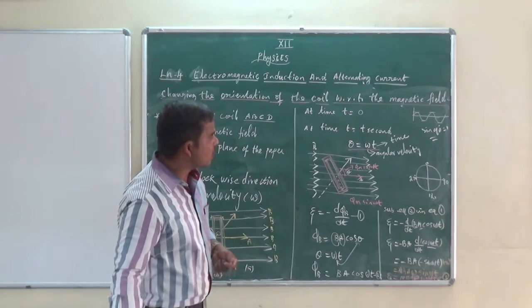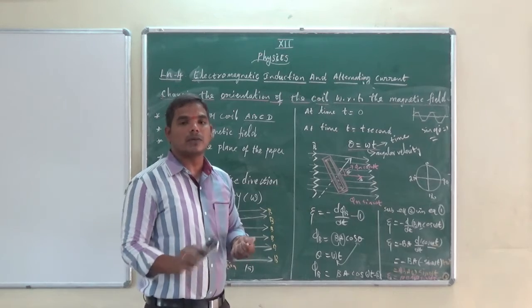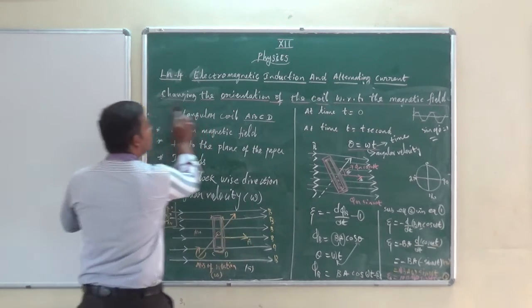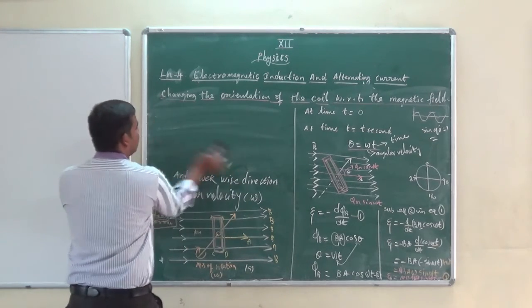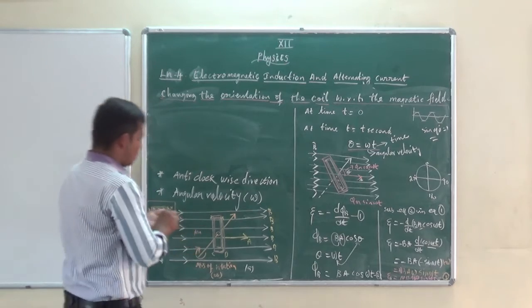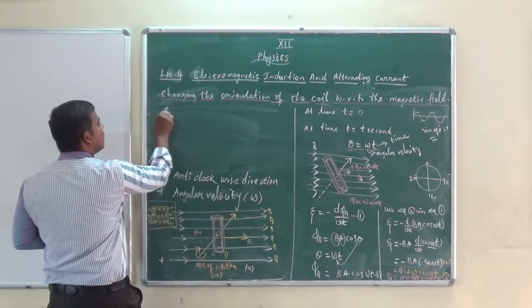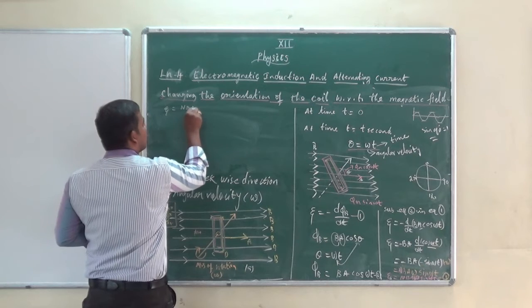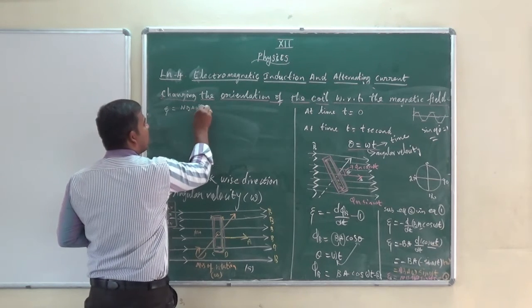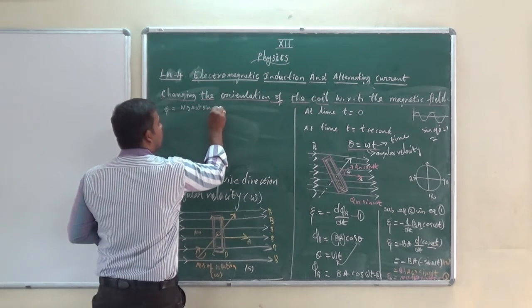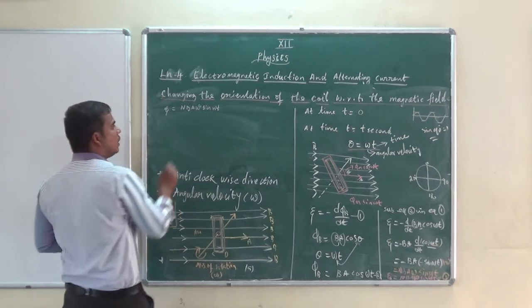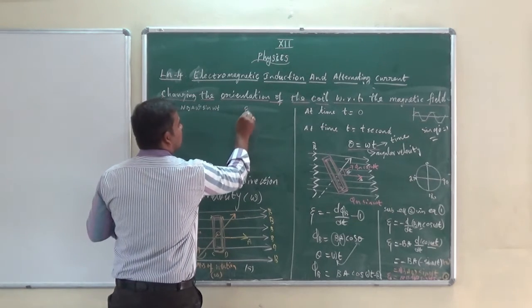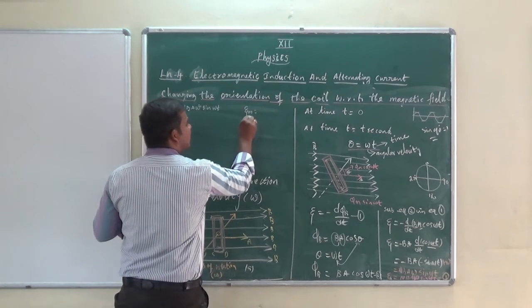Next, in equation number 3, I want to make certain changes. From equation number 3, once again, n B A omega sin omega t, the maximum EMF is obtained.